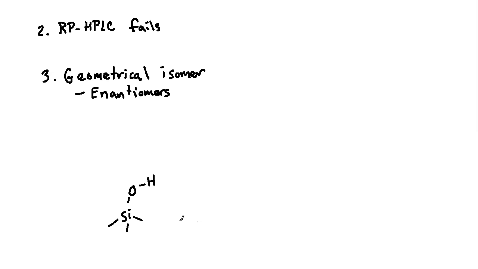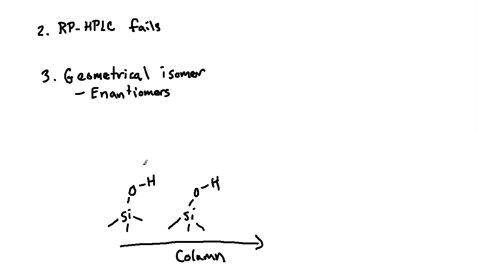So you end up having a situation like this, okay, where you've got, right? So we've got the column. This is the stationary phase going this way. And if you take a look at this, let's consider two different compounds.